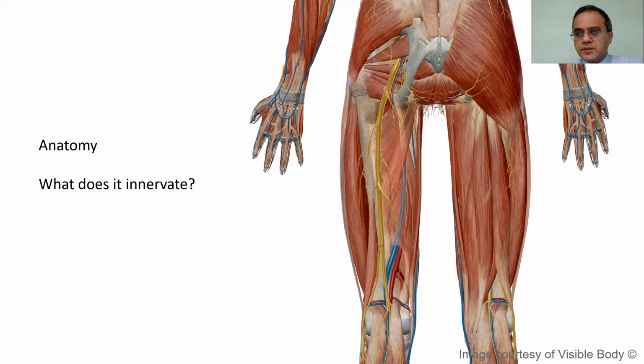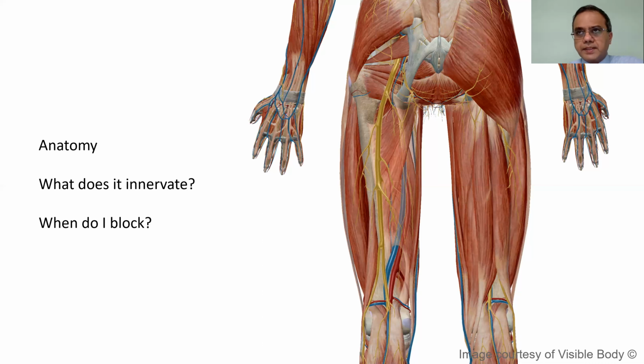Femoral nerve does not supply any muscle below the knee, and it only supplies skin on the medial aspect of the leg and the foot by its terminal branch, which is the saphenous nerve. But the rest of the sensation below the knee is carried by the sciatic nerve. Sciatic nerve also supplies the posterior aspect of the hip and knee joint, and it also supplies the hamstring muscles, which lie in the posterior compartment of the thigh.